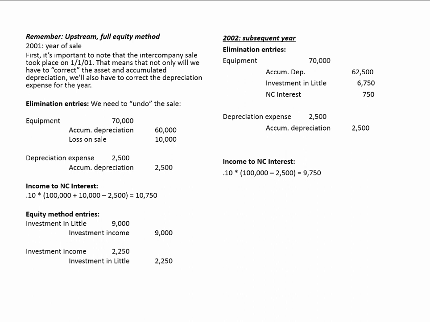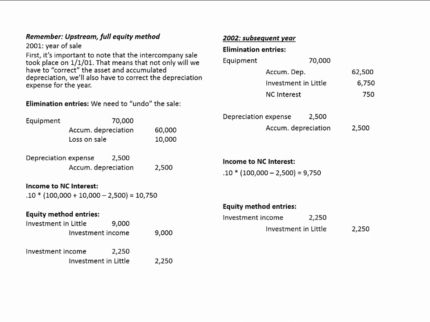So again, we're debiting depreciation expense, increasing expenses, lowering income. So the adjusted/realized earnings will be $100,000 minus that $2,500 adjustment, for $9,750 as the non-controlling shareholders' share of their adjusted/realized earnings.